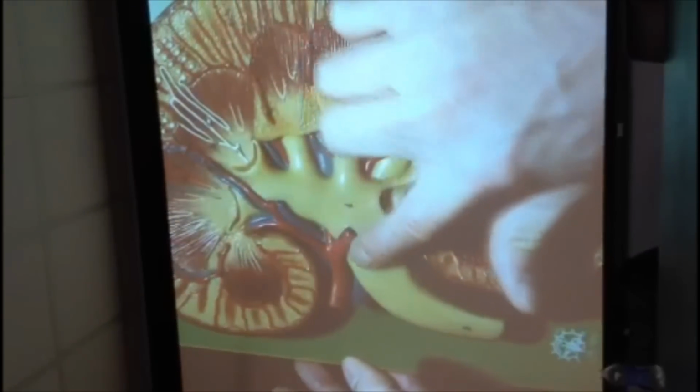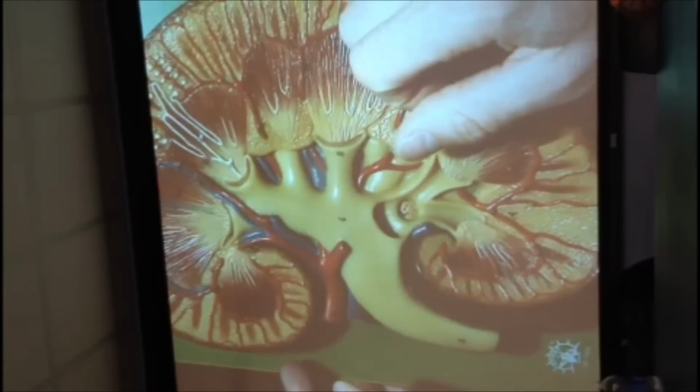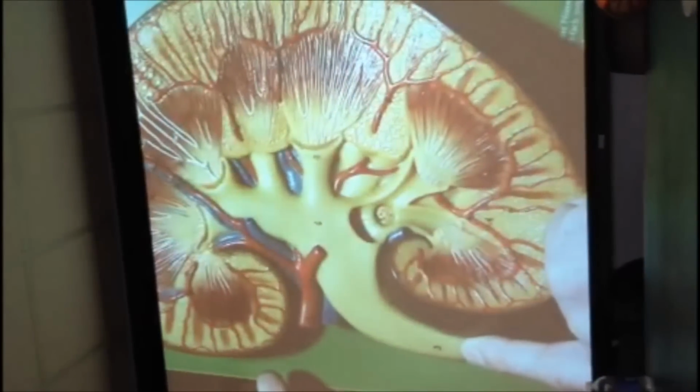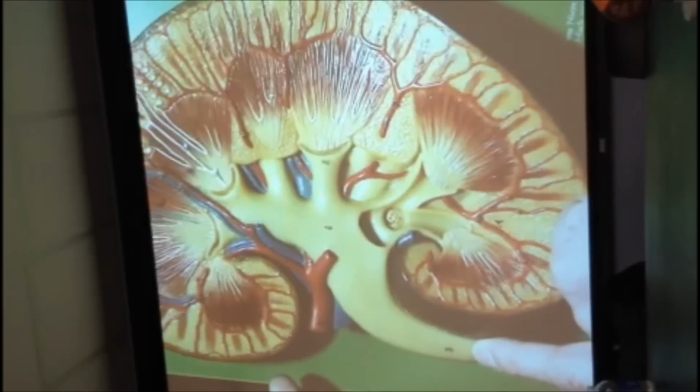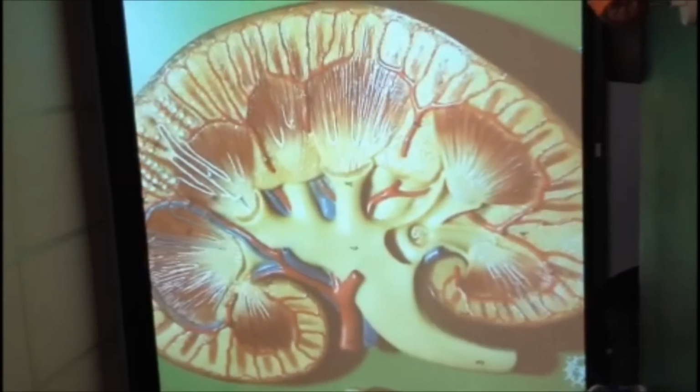That's the major calyx. And the major calyx drains into this area. This is the renal pelvis. And then down here, you start the ureter, or ureter, however you want to say it. And that's pretty much it.